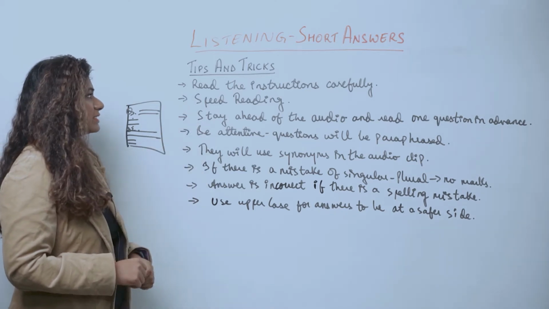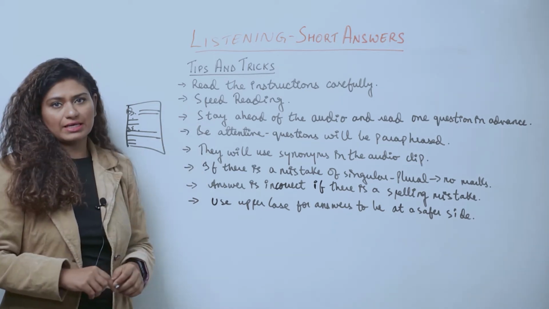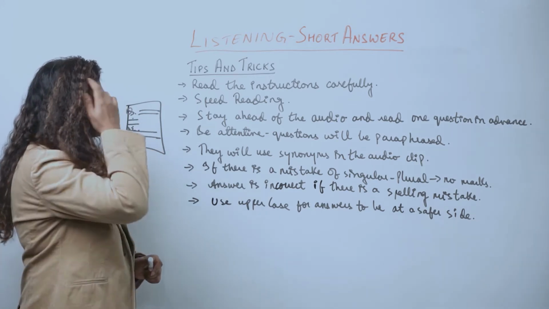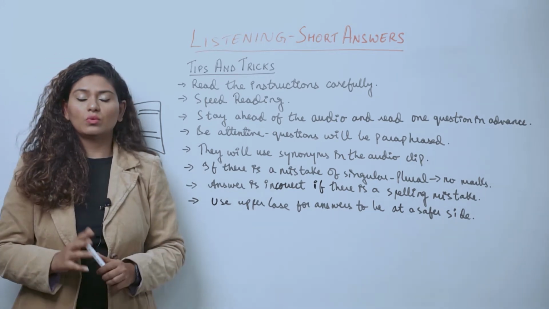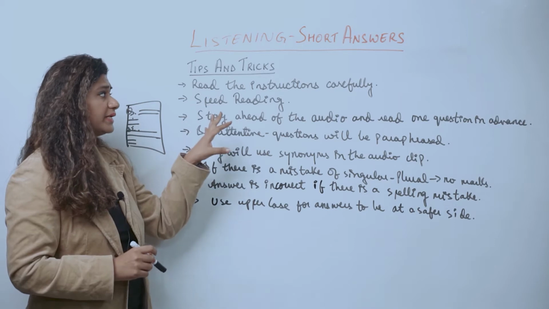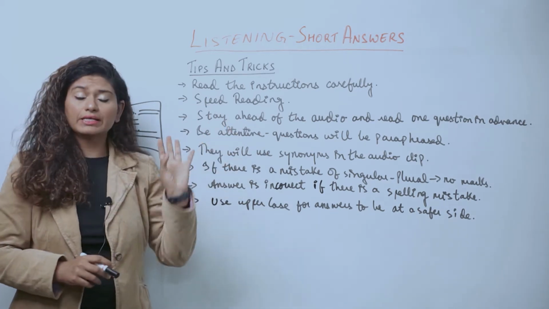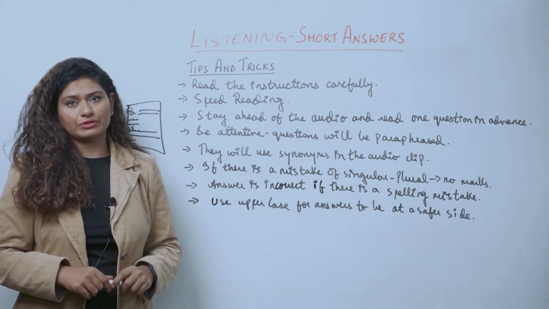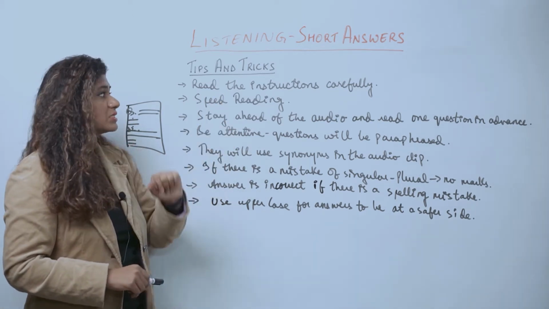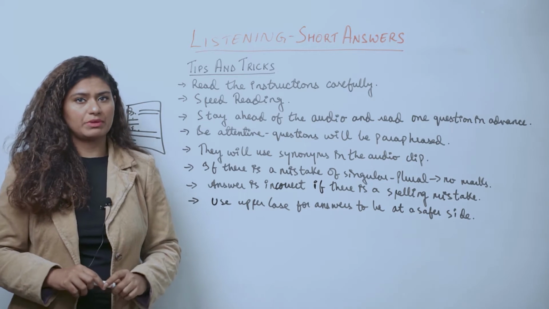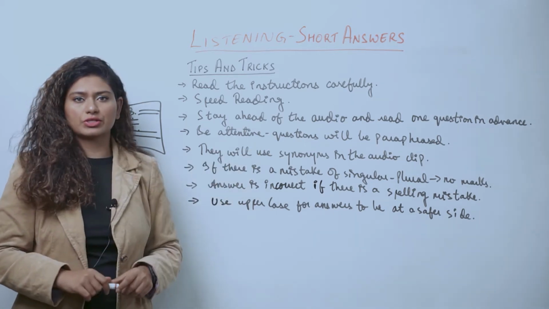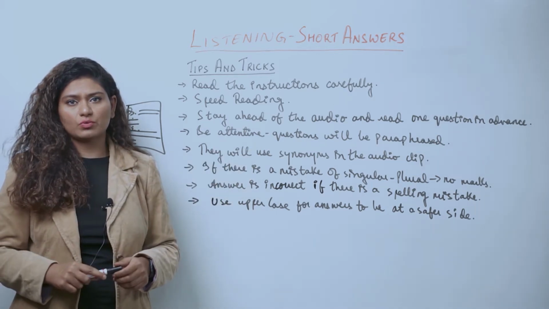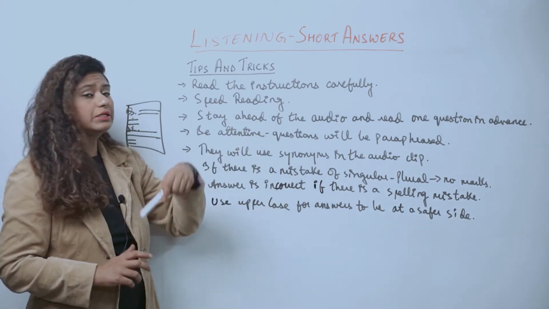The first one says read the instructions carefully. Now this is really important. Why? Because many a times students get an incorrect answer because they do not read the instructions carefully. Now in my previous video also I had explained what kind of instructions you would come across when you are dealing with the listening module.